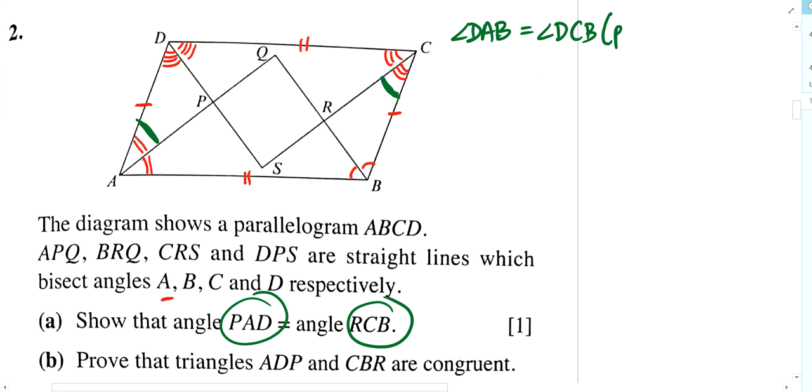Property of parallelogram, right? At the start we said the opposite sides are the same. Okay, what next? Angle QAB equals angle DCS. QAB, DCS. Why?